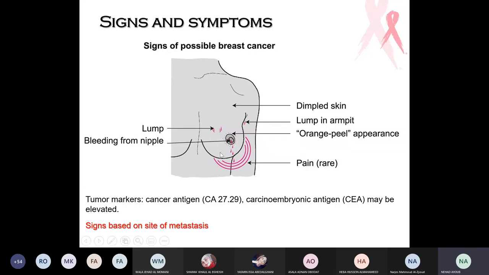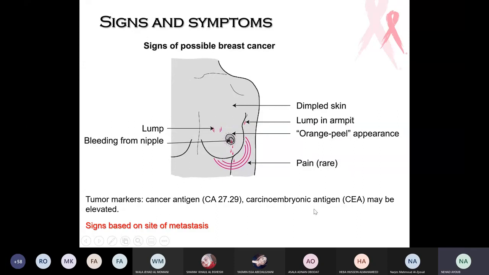Now, sometimes we have what we call biomarkers, tumor markers that we can measure in blood, okay. They can correlate sometimes with the diagnosis or mostly with prognosis, okay, how the case is going. So there are two markers that we can usually check for patients who are suspected to have breast cancer, which are cancer antigen CA 27, okay, and carcinoembryonic antigen CEA.